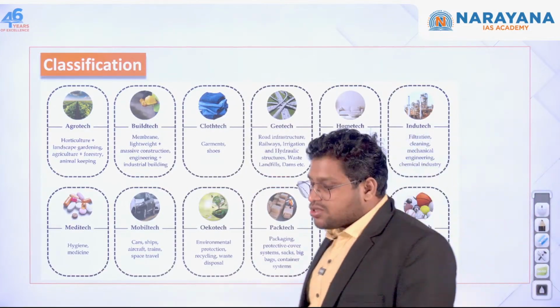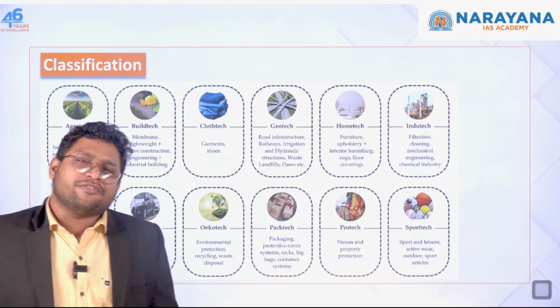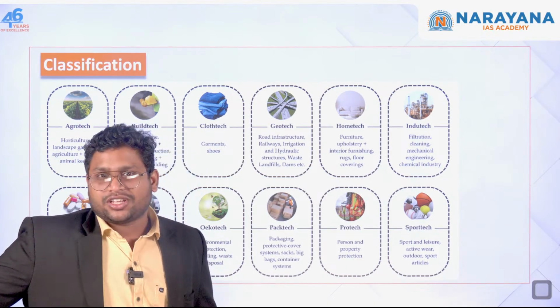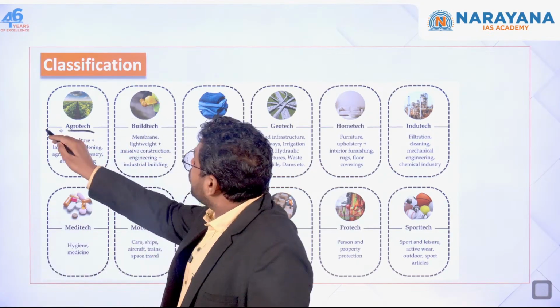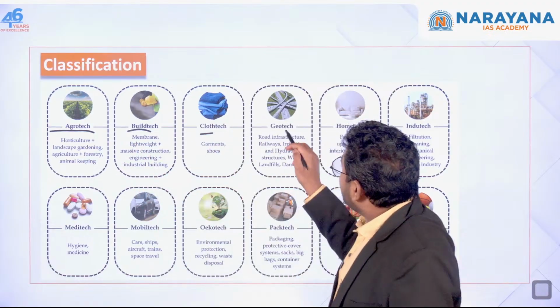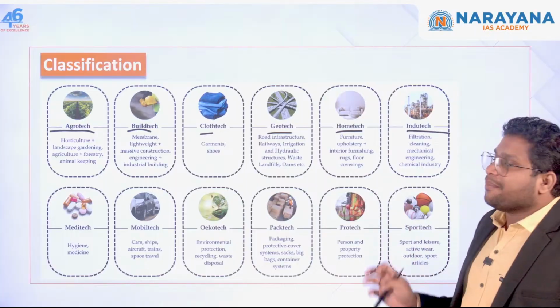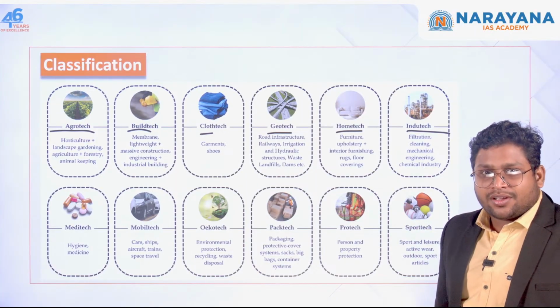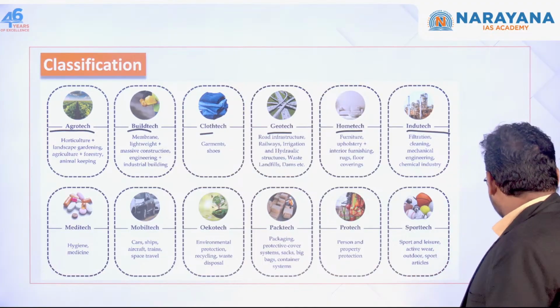Now when it comes to these technical textiles, we have classified them in very different categories. If you're using it in agriculture, there is something called agrotech, buildtech, clothtech, geotech, hometech, ecotech. Likewise, we have made the classification, because we're using it in almost every industry right now.